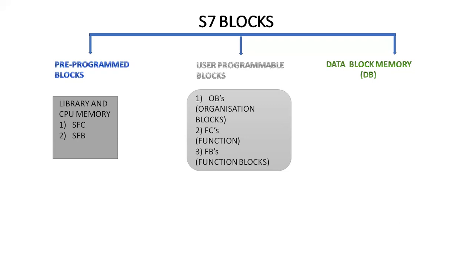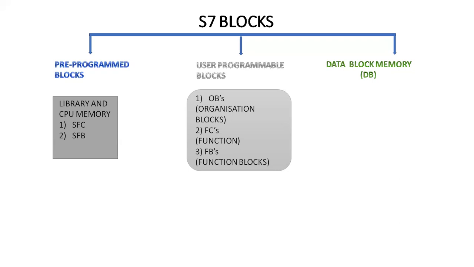So instead, we divide these programs into different blocks called FC and FB, also known as subroutine blocks. We call these blocks in the main block, that is your OB, one by one, so it executes that logic step by step.